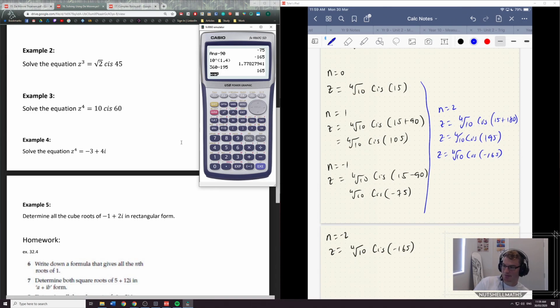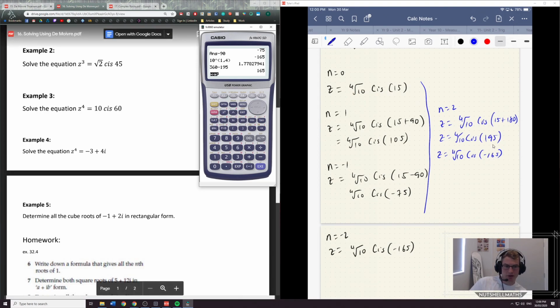So n being 2 does work per se, but it just produces a slight extra step. And sometimes I feel like this produces the other ones, but maybe I'm wrong.